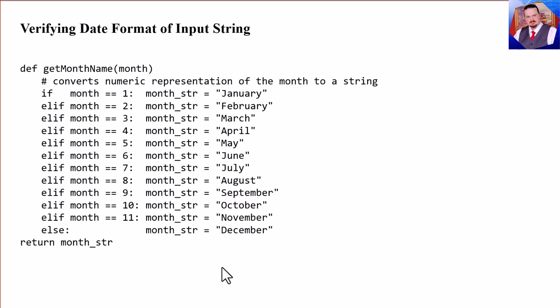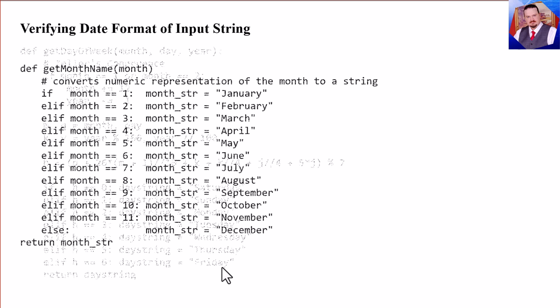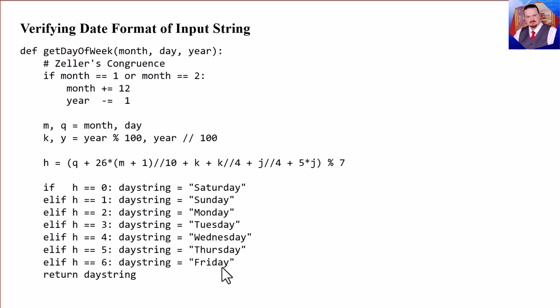But for this next bit, we need to convert the date, such as November 22nd, 2022, to a Thursday. And we have a well-known congruence for that. It's called Zeller's congruence. The code is here. We pass in our month, day, and year, which we've already determined whether the string format is correct.